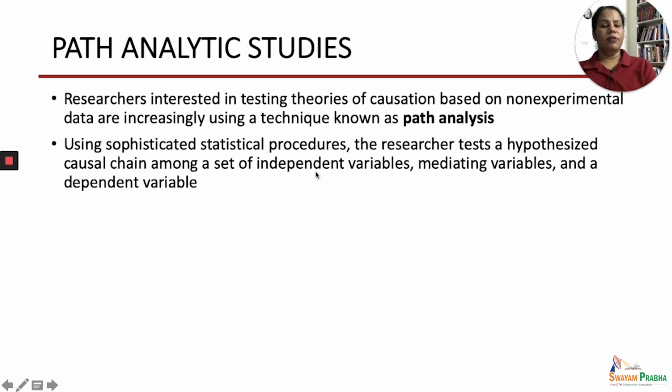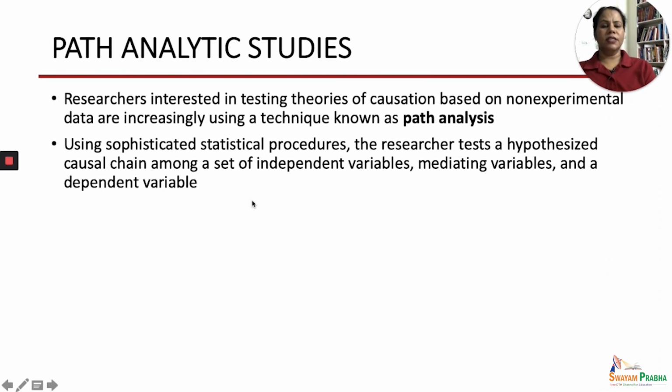Here we may have a different set of independent variables, mediating variables and dependent variables. We may have 2 or 3 independent variables, different phenomena, and there might be some mediating variables which might result in some dependent variable.